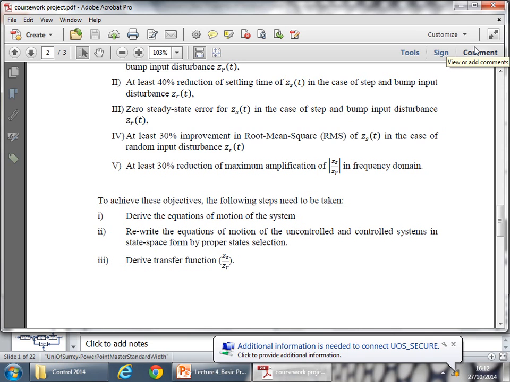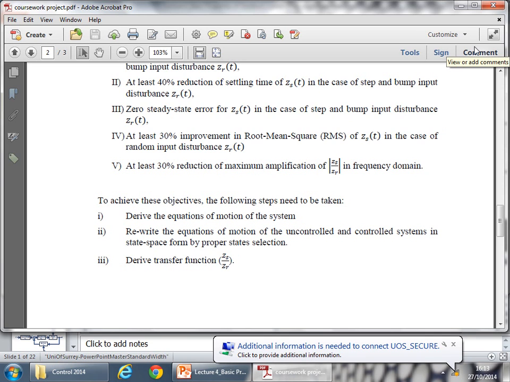To do that, you need to first derive the equation of motion of the system. We talked in the first lecture about the equation of motion. As you know, I'm sure all of you know, the first step in control system design is deriving a proper model of the system.